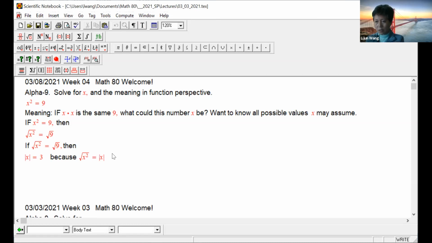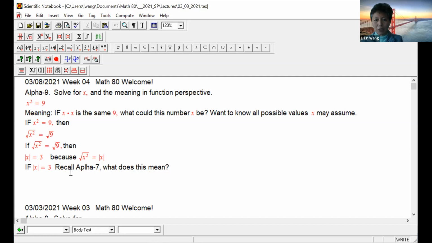Okay, and then there's another if. If this is true, what is this? This is similar to the first question in Alpha 7. What does this mean?